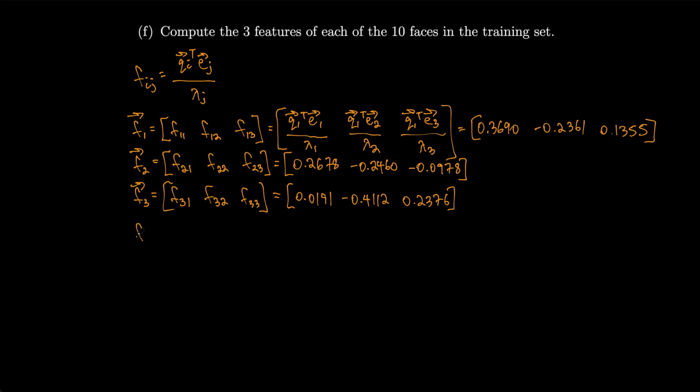For F4, that's F41, F42, F43, given by negative 0.7031, negative 0.3542, negative 0.0263.